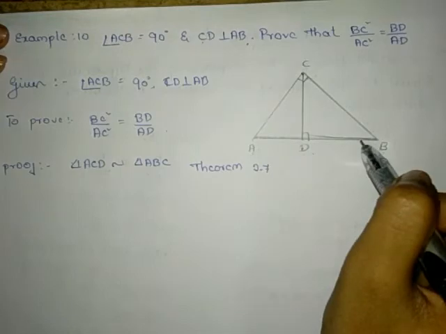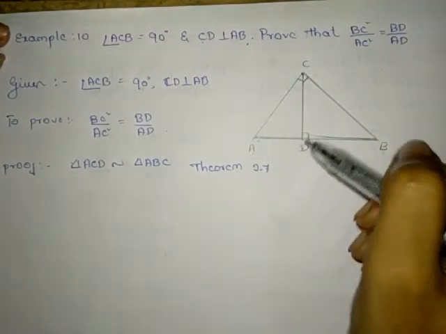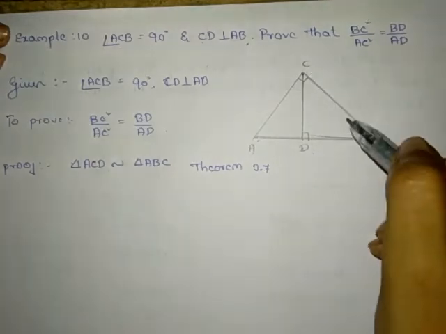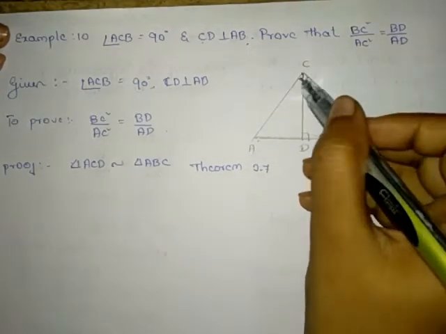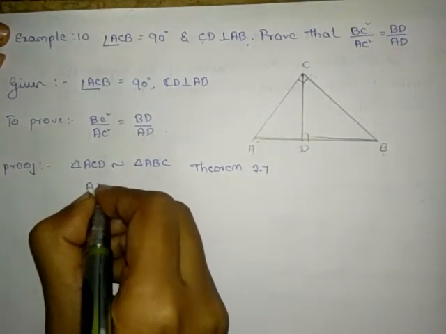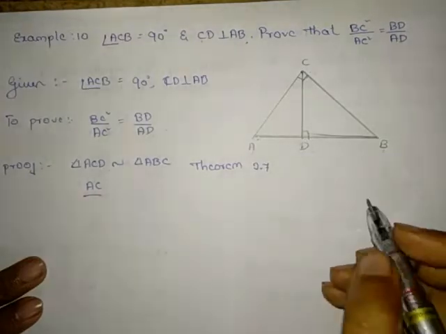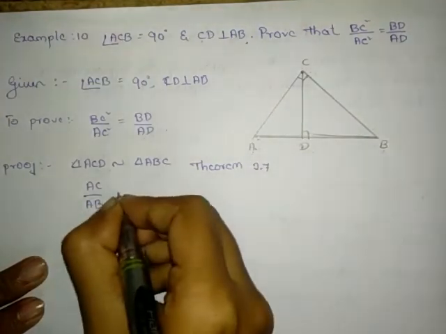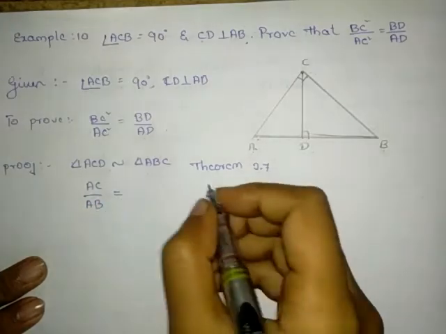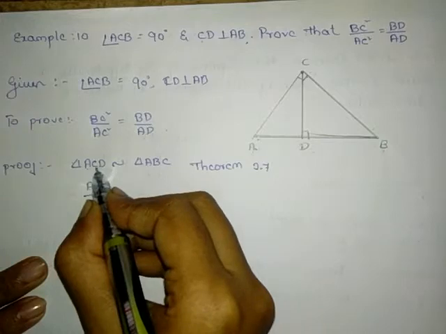That is, first we take AC of triangle ACD, and now I am going to take a side AB, is equal to, because here we have taken angle ACD, right?